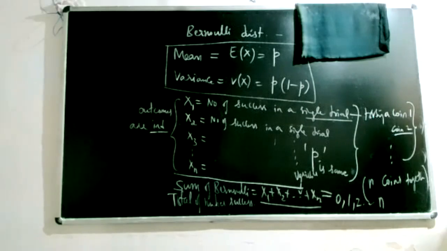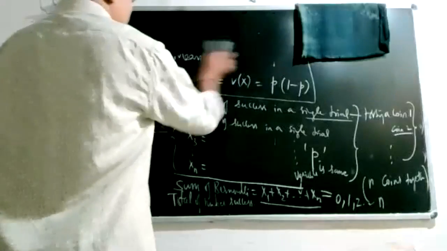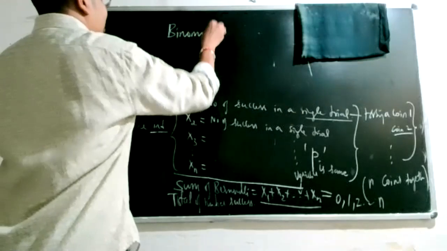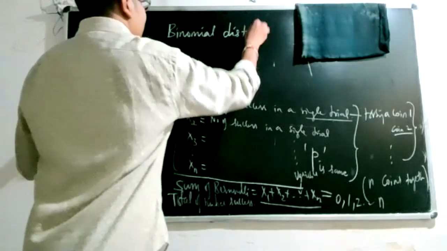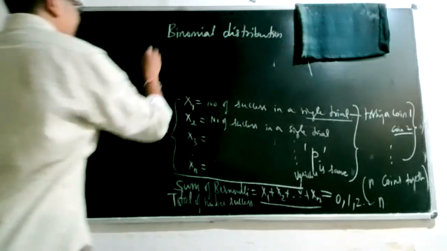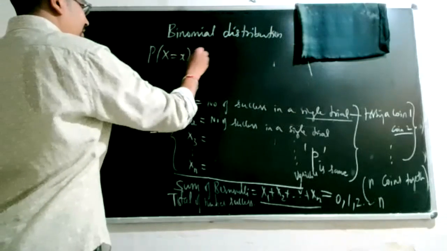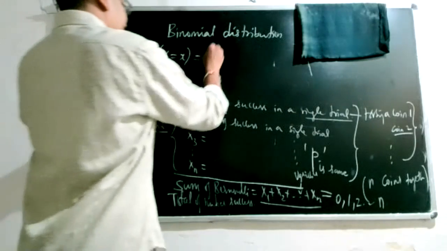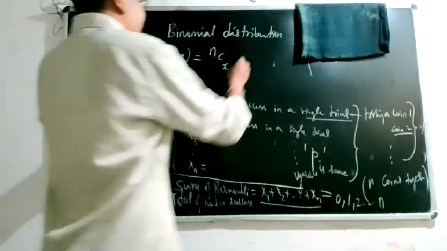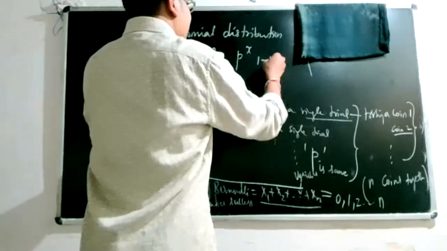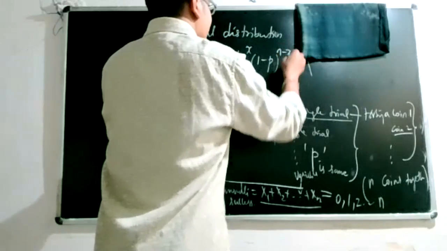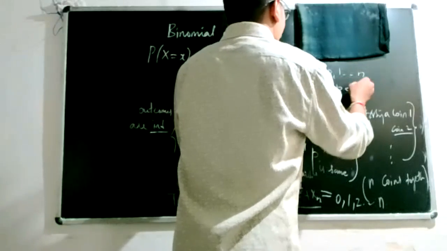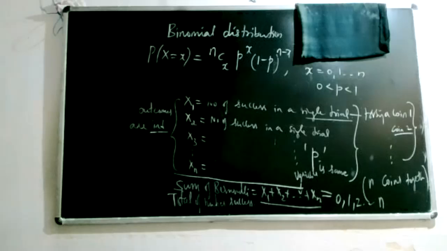Therefore, this becomes a distribution, and that distribution is called the binomial distribution. We have a functional form of this binomial. In case of Bernoulli, we just wrote p to the power x, (1 minus p) to the power (1 minus x). But in case of binomial, it is nCx, p to the power x, (1 minus p) to the power (n minus x), with x now taking the values 0, 1 to n, and p again between 0 and 1.